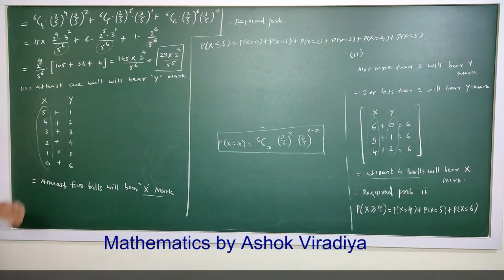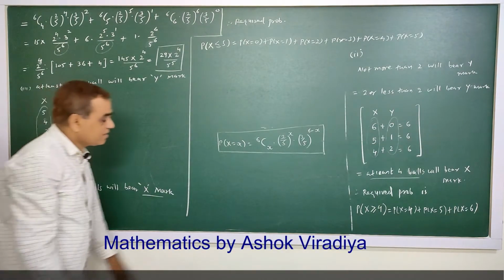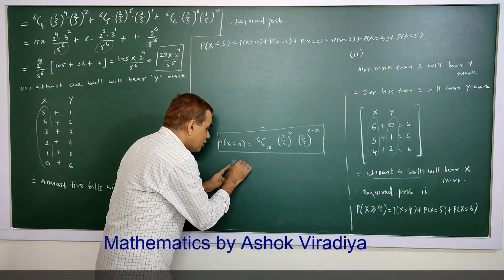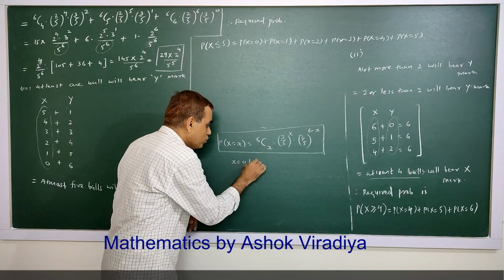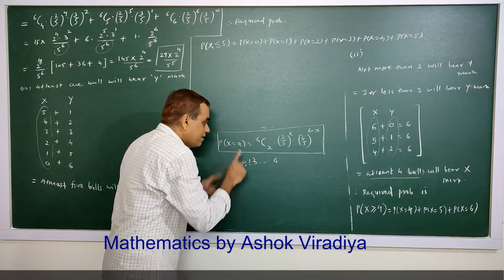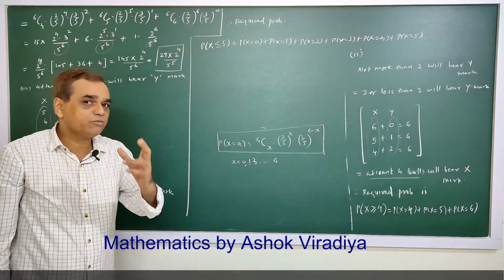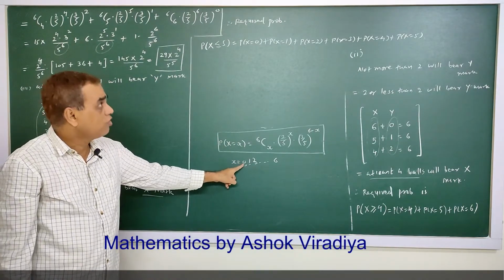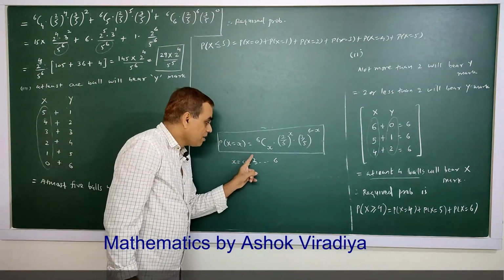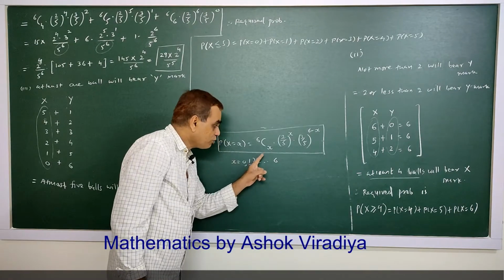Now see here, range of X is 0 to 6, and because this gives a probability distribution, probability of 0 plus probability of 1 plus probability of 2 up to probability of 6.